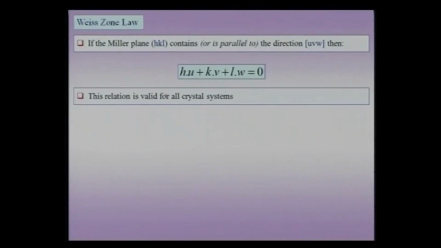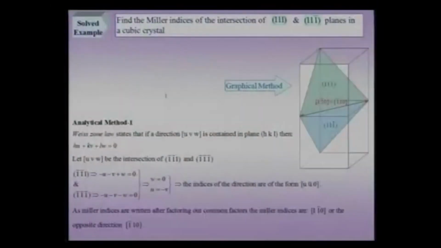Now to understand this relation, let us take up a solved example which will also clarify some of the points about these planes and directions. In this case I am talking about a cubic system in which I am trying to find the intersection of the 111 plane with the 111 bar plane. So I want to find the Miller indices of the direction which is the intersection of these two planes, 1 1 1 and 1 1 1 bar.